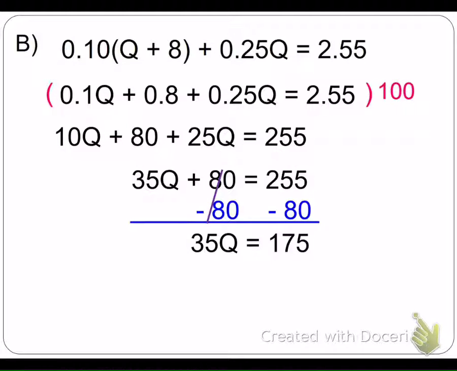Very good. 175. Divide by 35. Five. So there are 5 what?